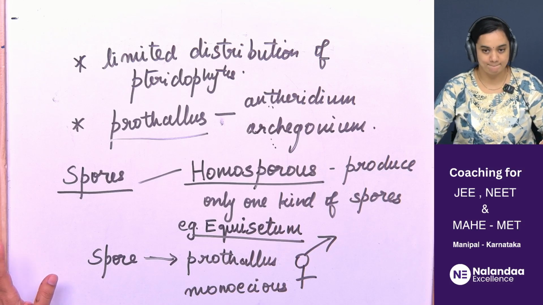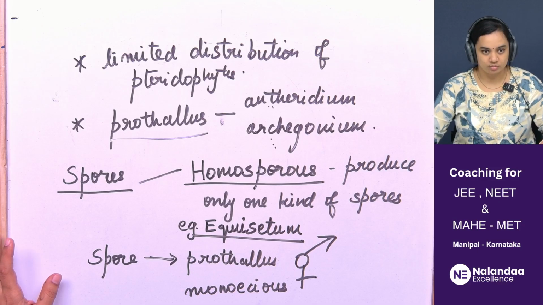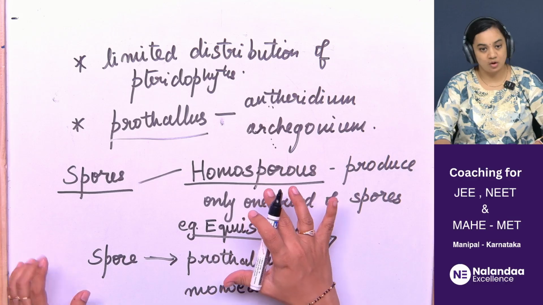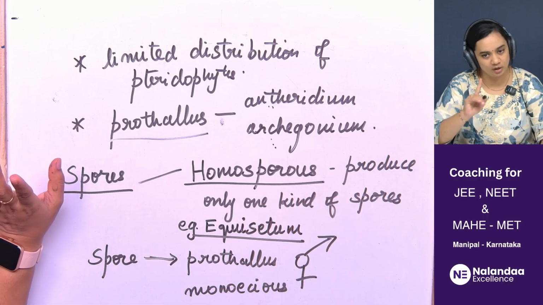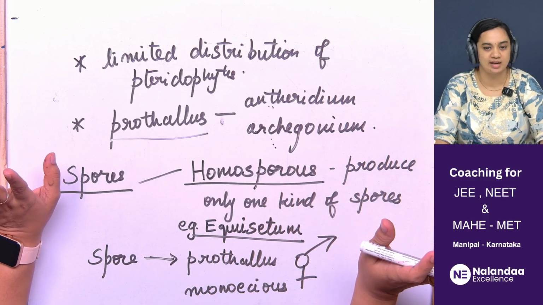The pteridophytes are of two types, homosporous and heterosporous. In homosporous, only one type of spore is produced. There is no differentiation in the type of spore.